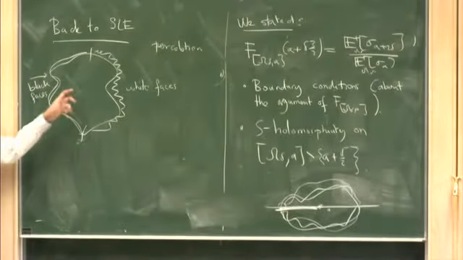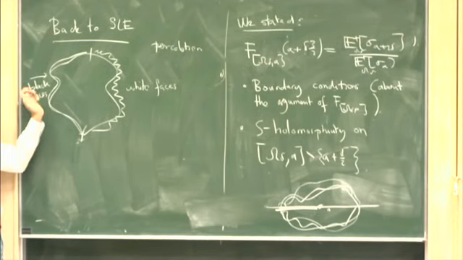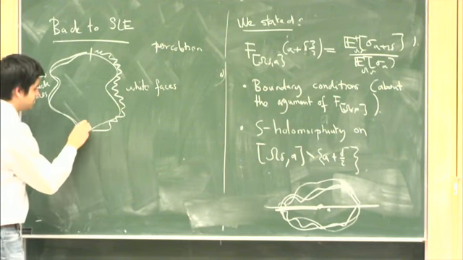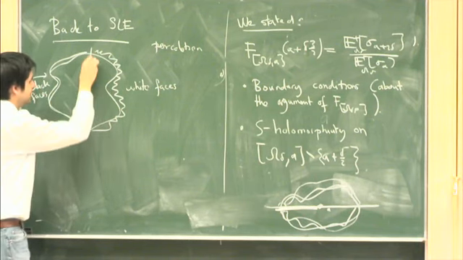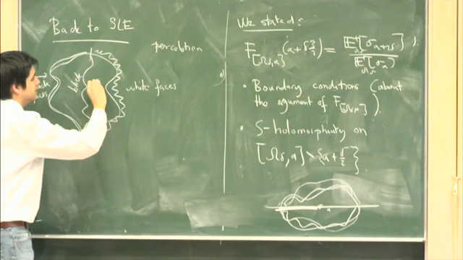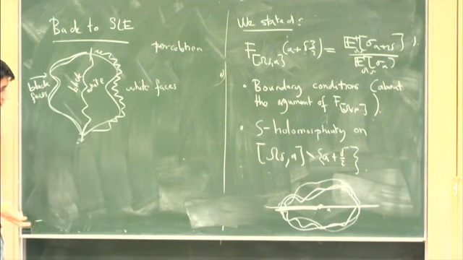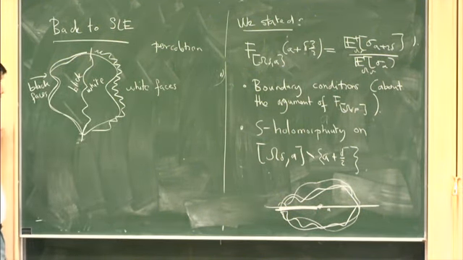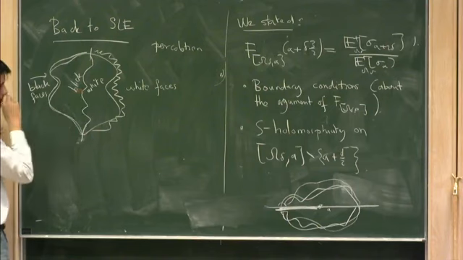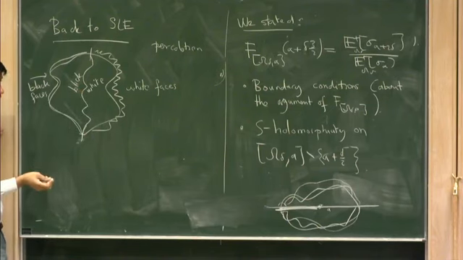So your hexagons are colored black and white. Everything is independent, so adding this boundary condition doesn't change anything inside. And so you can draw an interface that has black on one side and white on the other side. It's a random interface because it explores the configuration, and that's random. And so you'd like to prove that the scaling limit is SLE. And the claim is that Cardy's formula is the way to prove that.